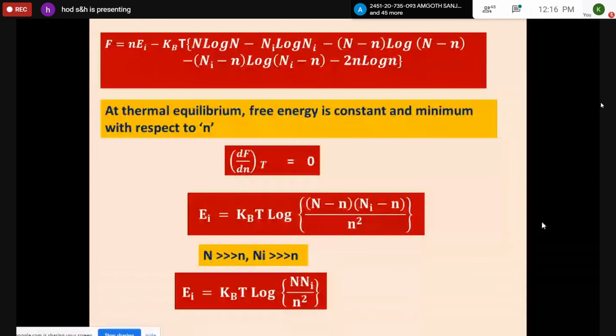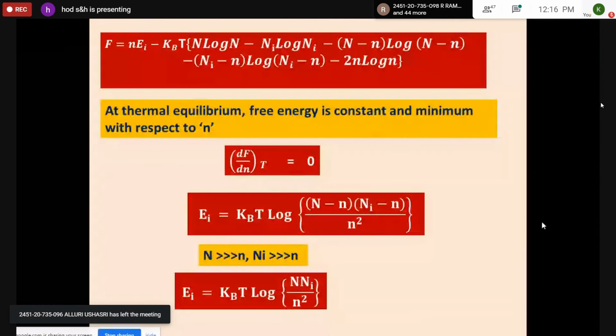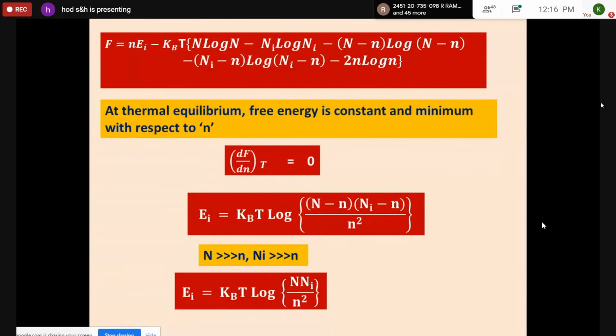This derivation part, you have to simplify. df by dn at constant T also. I'm not explaining that because you have to take at least one derivation. You have to take the differentiation, Stirling's approximation. I assume it's a practice for you because all the three are the same.